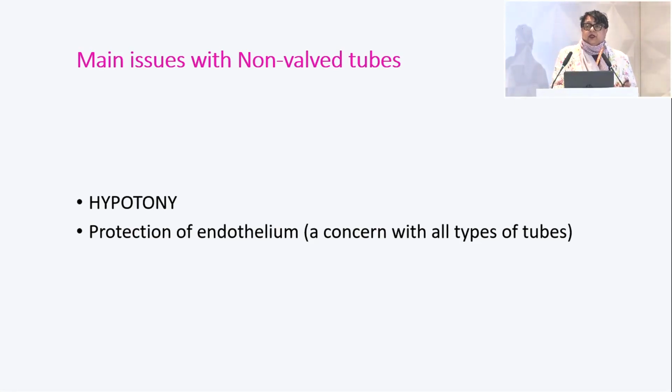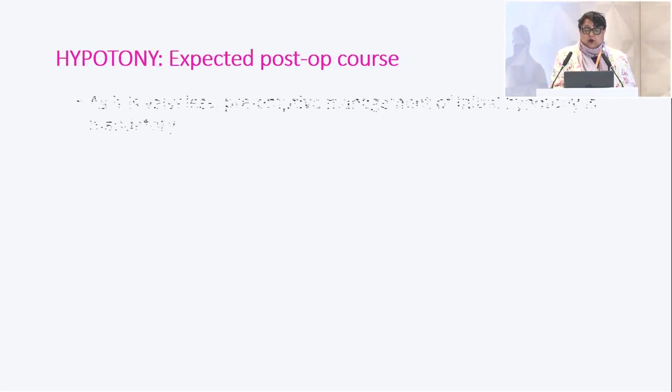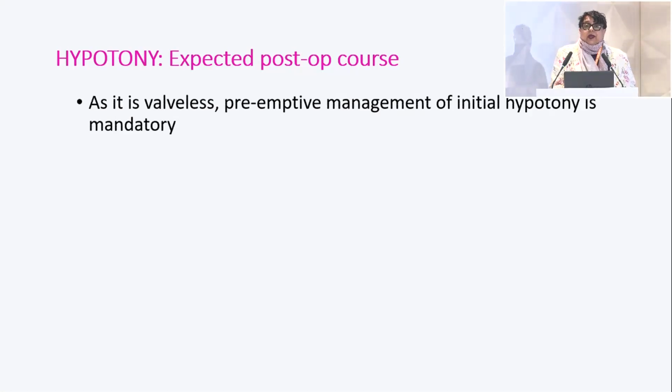In my opinion, these are the two biggest things related to tubes: hypotony for non-valve tubes, and protection of the endothelium, which is a concern for all types of tubes. So the expected post-operative course of a non-valve tube is hypotony. So you have to make preemptive efforts to control this initial hypotony.